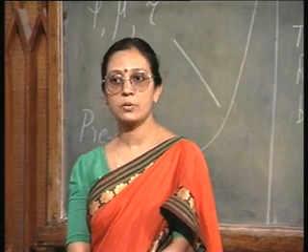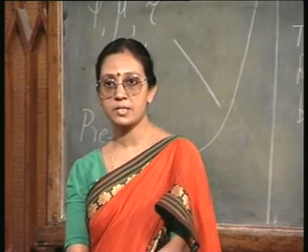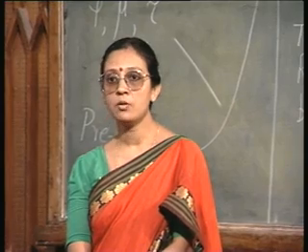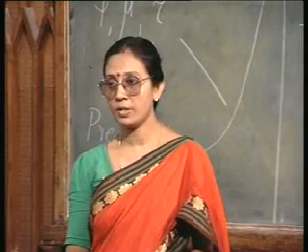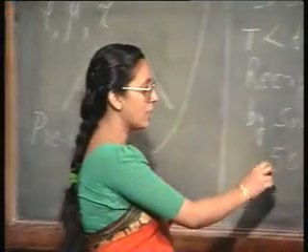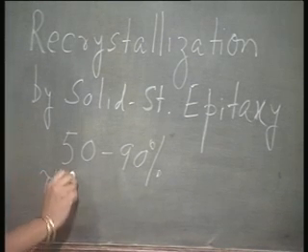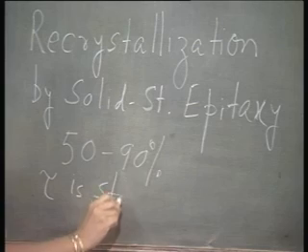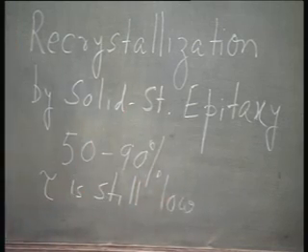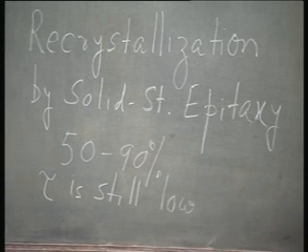In fact, that is why I mentioned this point, that since the damage is closer to the surface, it may not always be essential to get back the full carrier lifetime, simply because it is most difficult to get back. So, even though you have an activation of 50 to 90%, tau is still very low, because even though recrystallization has taken place, considerable amount of damage will remain there. You know why?